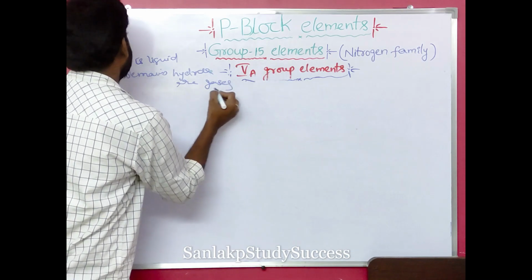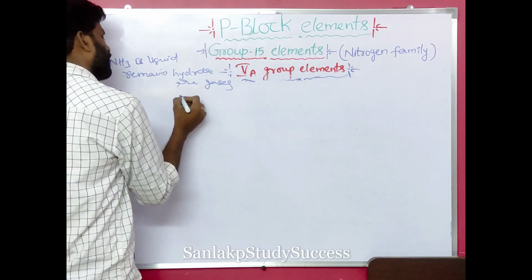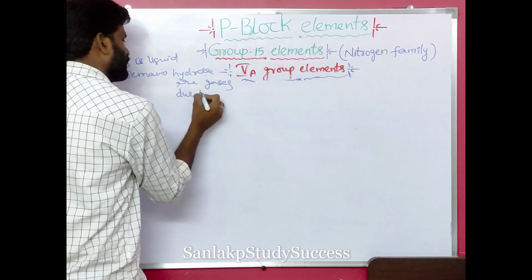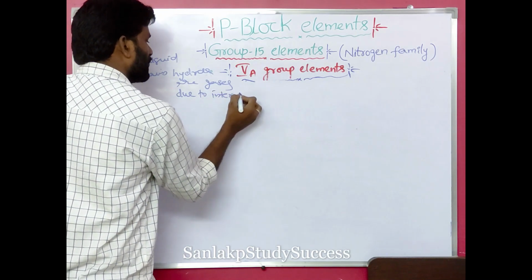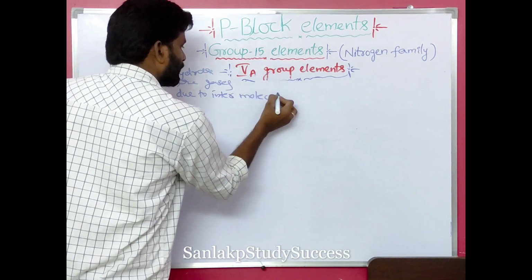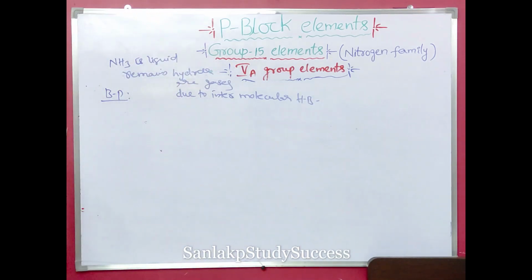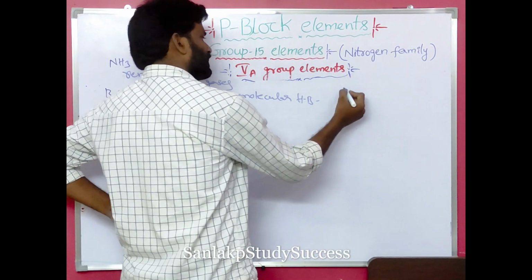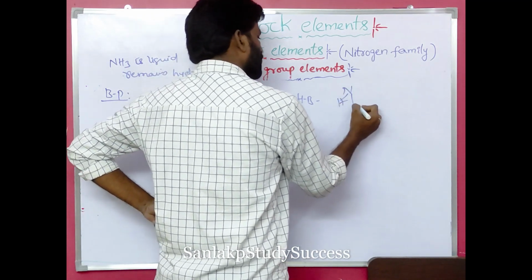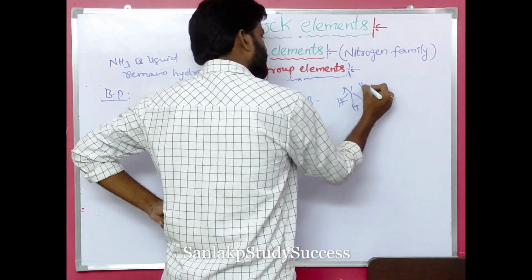Due to intermolecular hydrogen bonding, ammonia, that NH3 having more electronegativity, can form a hydrogen bond.